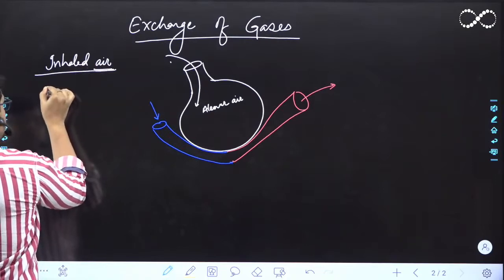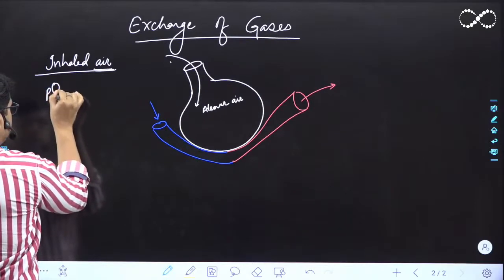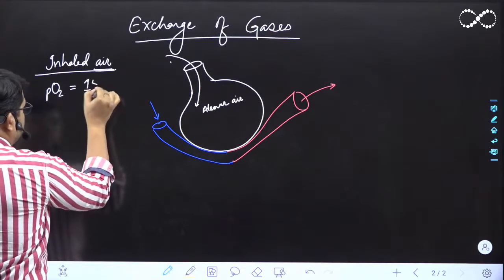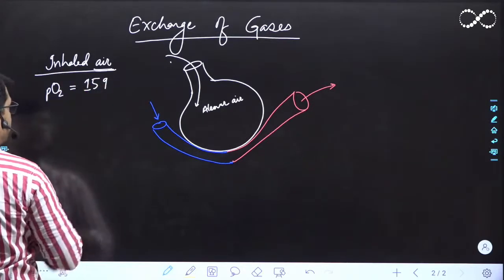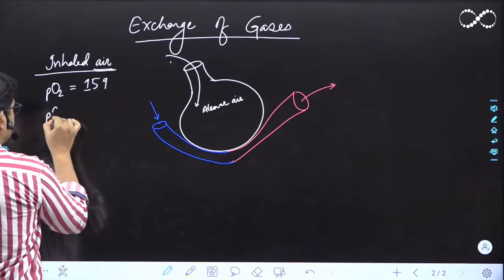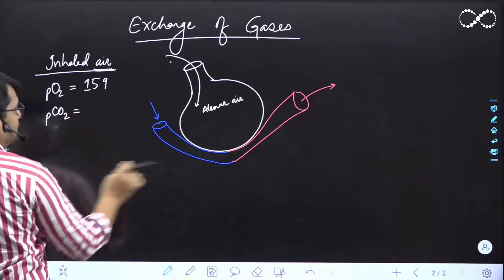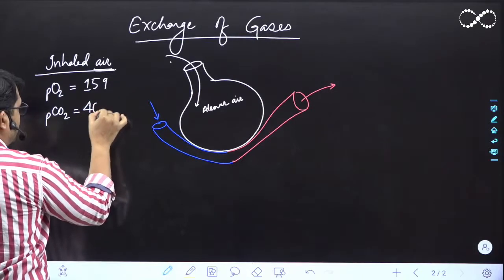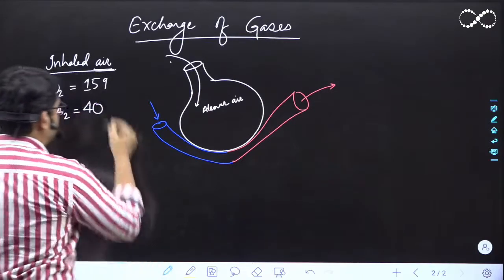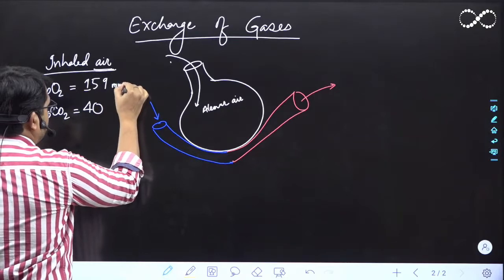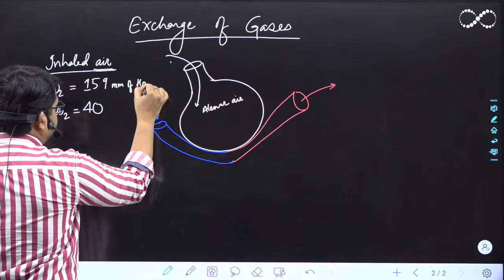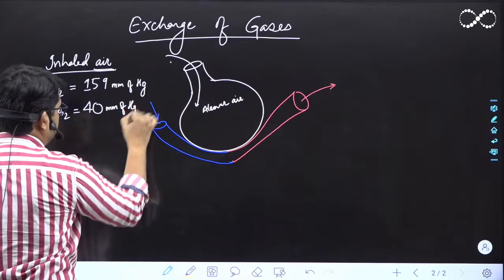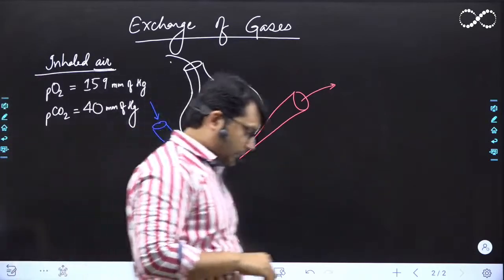Now in this air, if we look at the partial pressure of O2, oxygen, it is 159. Okay. What about partial pressure of CO2 in the inhaled air, in the alveoli? It is 40 mm of Hg. This is all in mm of Hg. You know what I mean. Great.